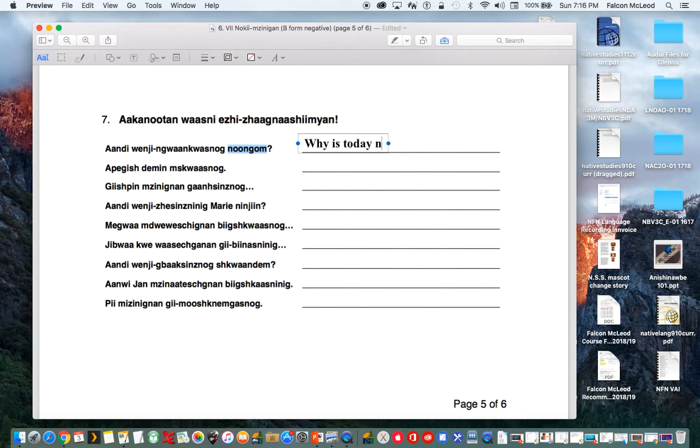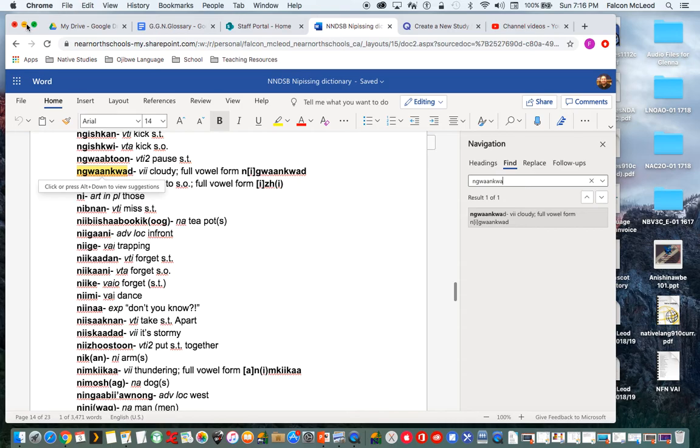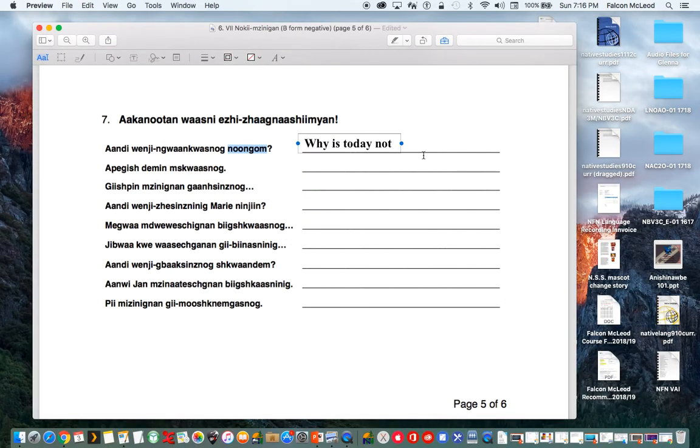And then we have not, because it's negative. And then ngwan kwat, which is cloudy. So that's everything translated there. Why is today not cloudy? All right, so I'll leave the rest of these for you guys to do.